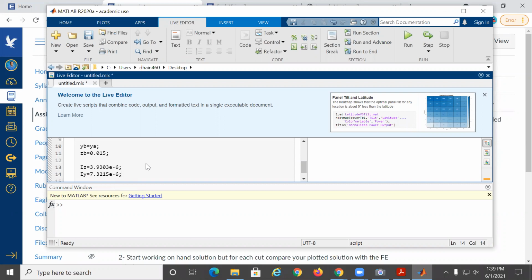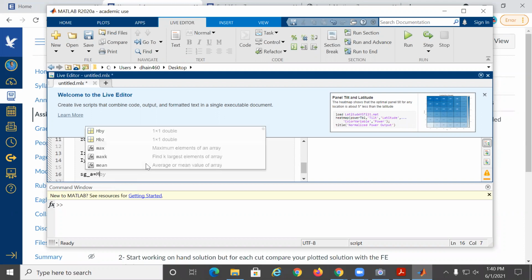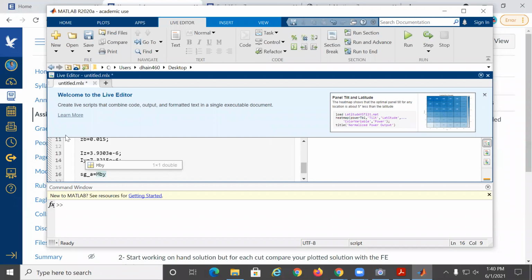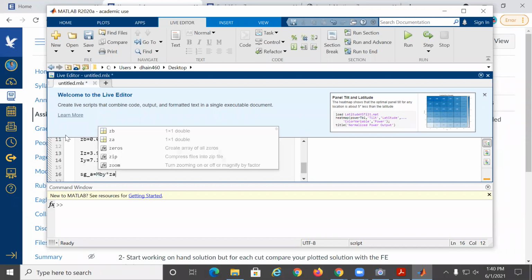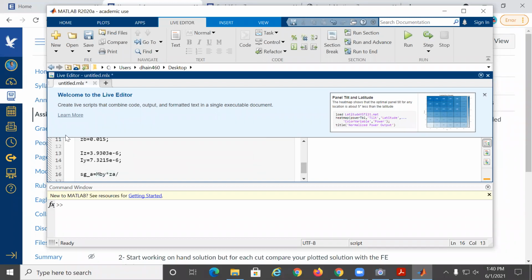So you see, we could spend a lot of time doing the hand calculations. So let's say sigma of point A will be equal to MBY times ZA divided by I of Y plus MBZ times Y of A divided by IZ.